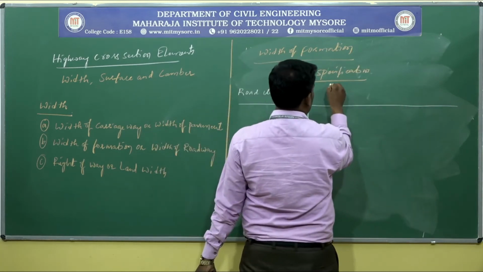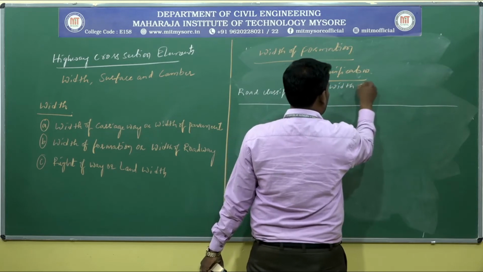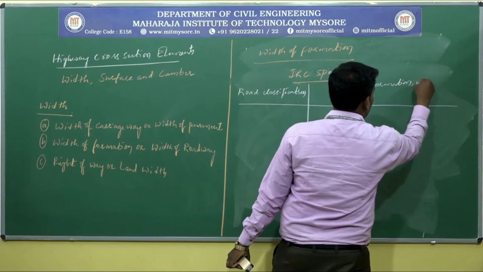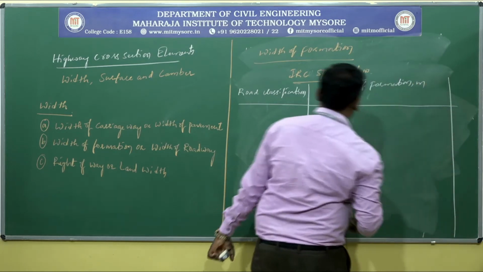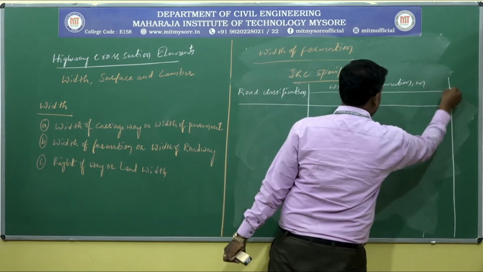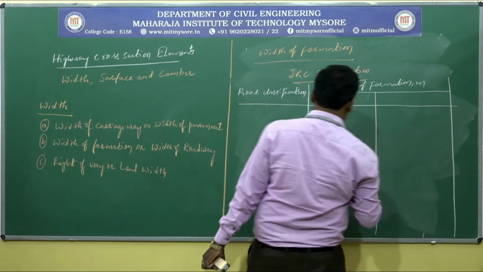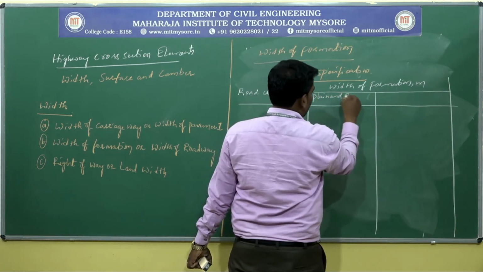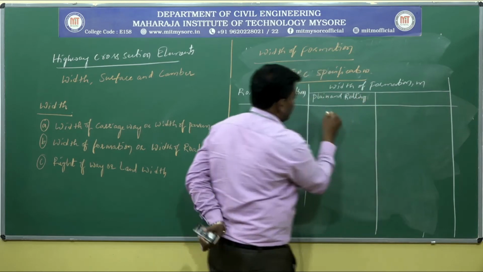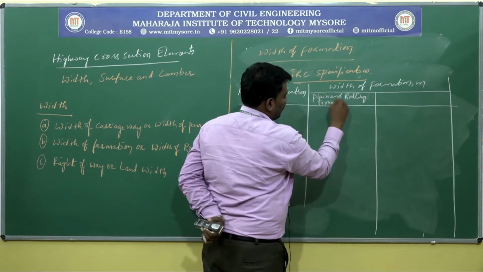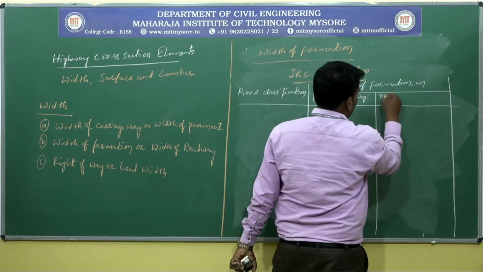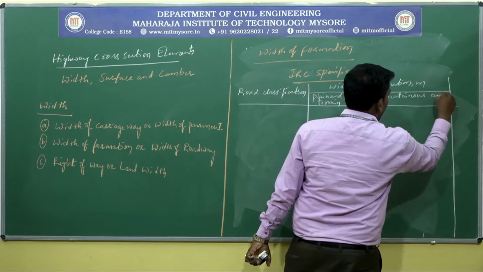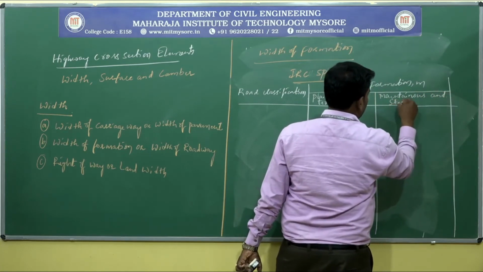Second one is width of formation in meter, and this will be categorized into two things. One, plain and rolling terrain. Second one, mountainous and steep terrain.